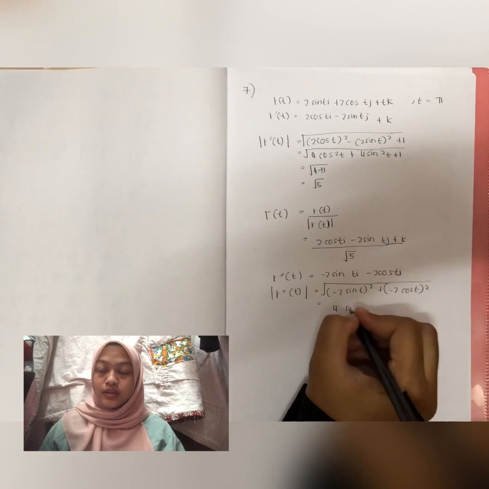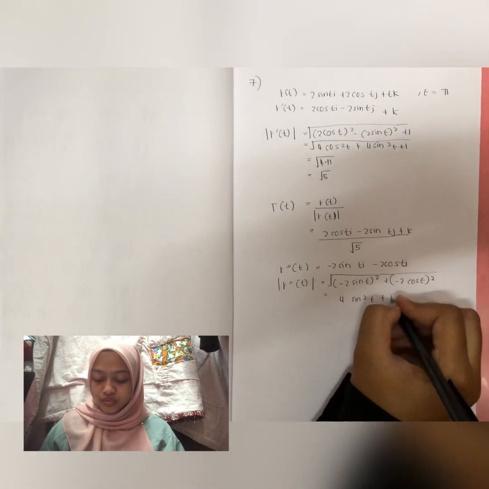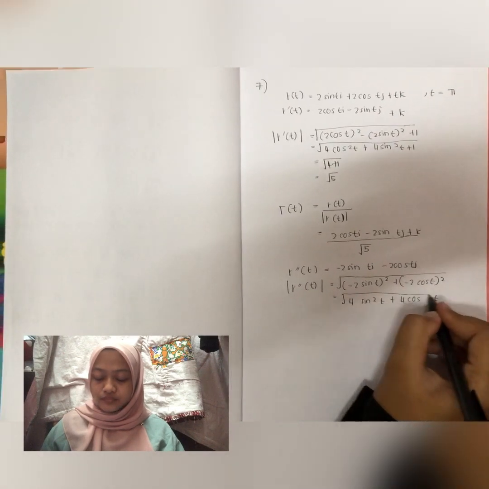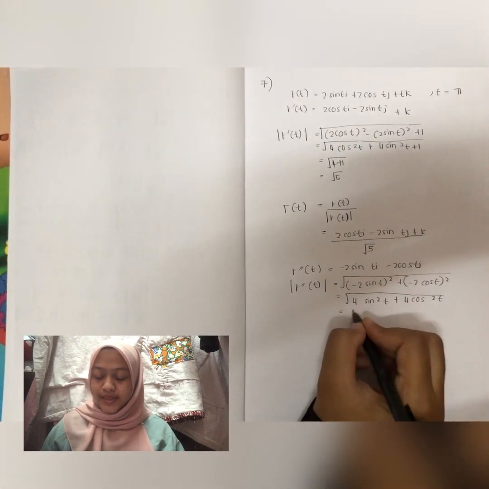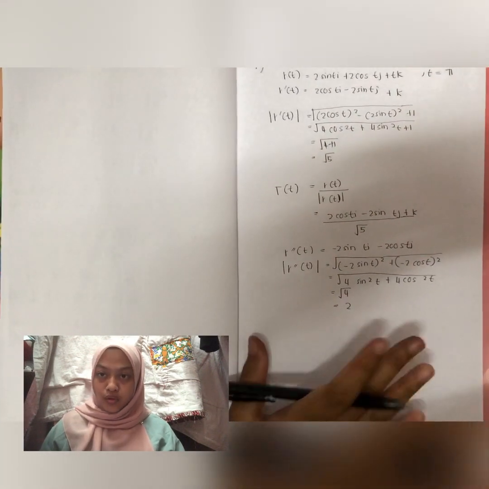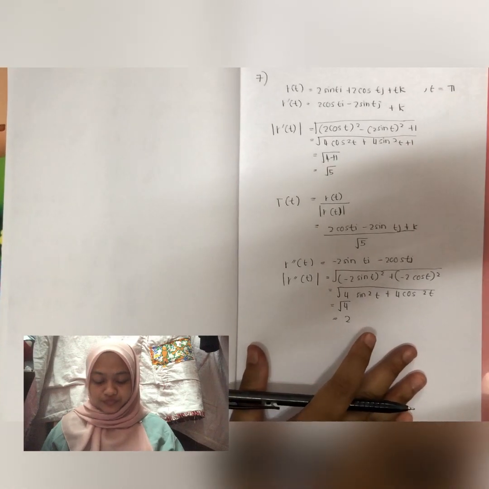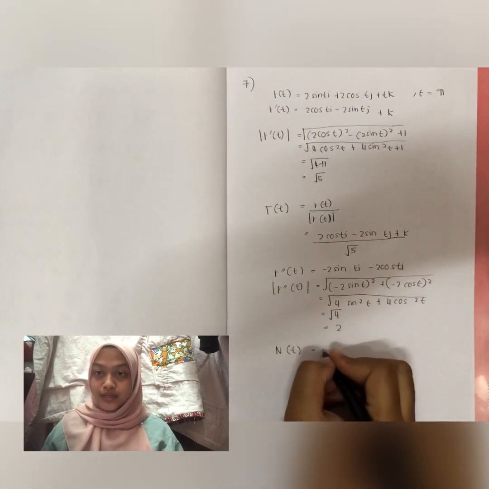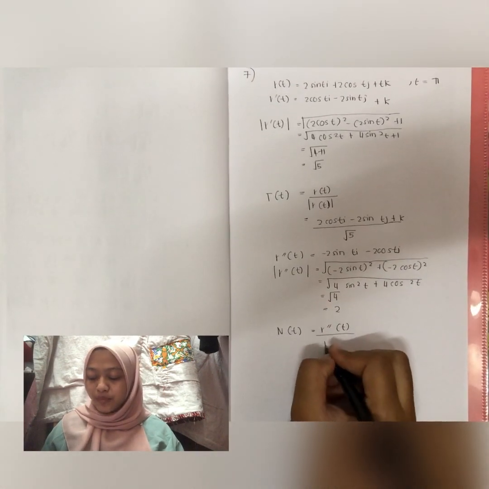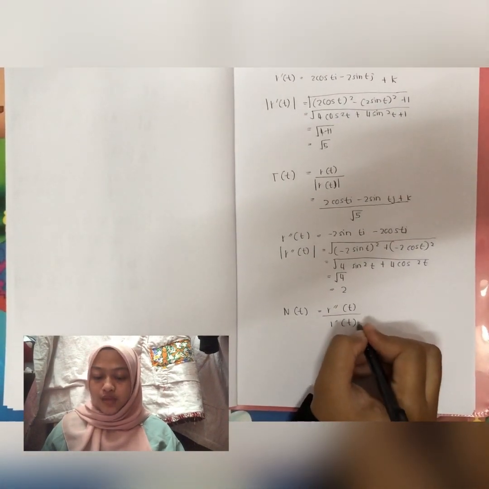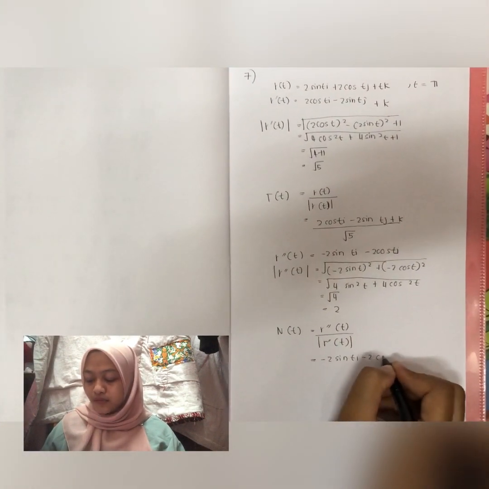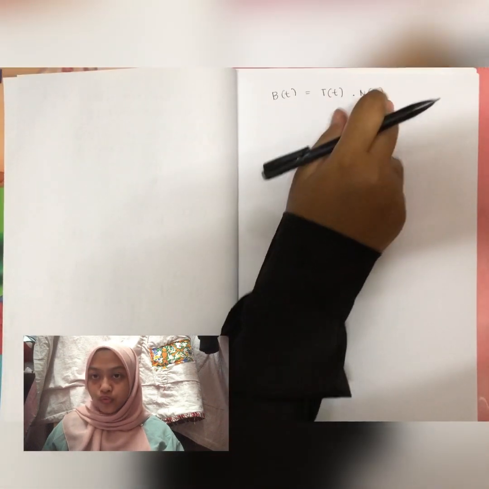We got the square root of 4 sin squared t plus 4 cos squared t. We got square root 4, then the solution is 2. After that, find N(t), which we write as r double prime t over the absolute value of r double prime t, which is negative 2 sin t i minus 2 cos t j over 2.